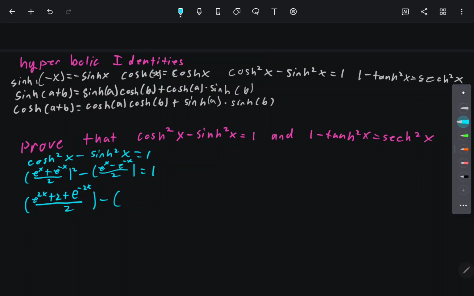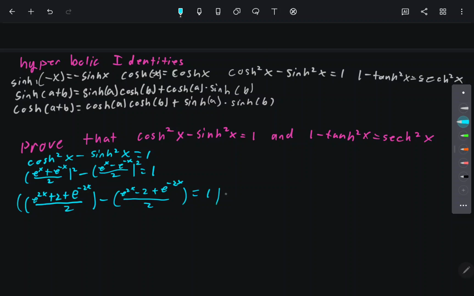Now we are minusing, well, this expression here is squared, so we get e^(2x) minus the product of these, so minus 2, plus the second one squared, which is going to give us e^(-2x) all over 2. And that is equal to 1.